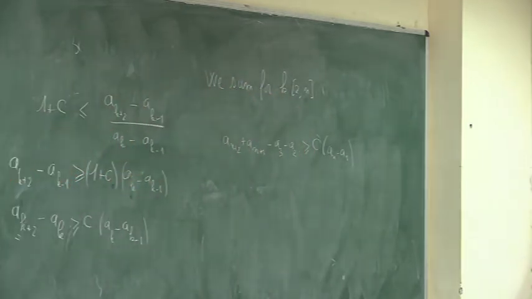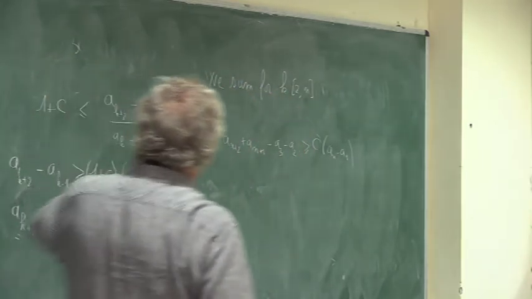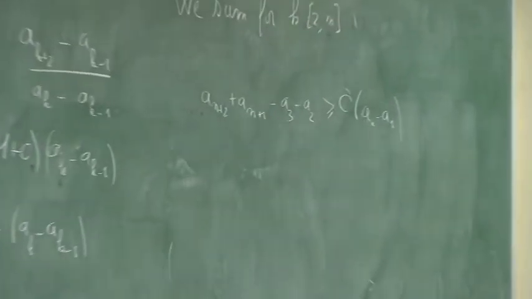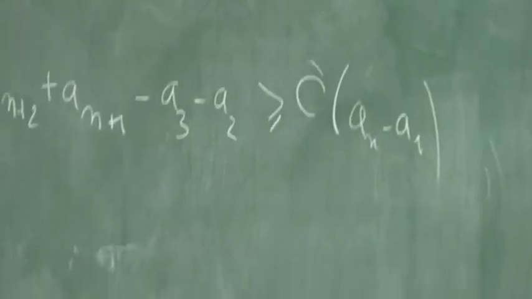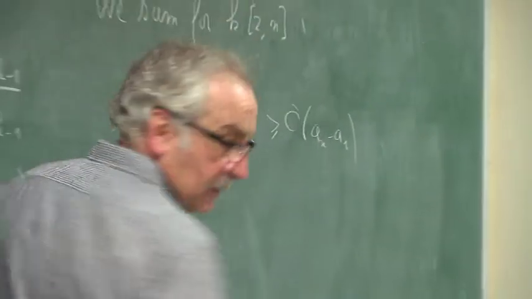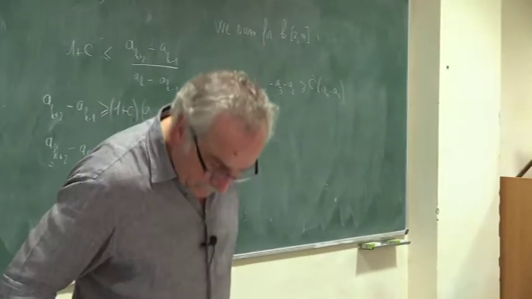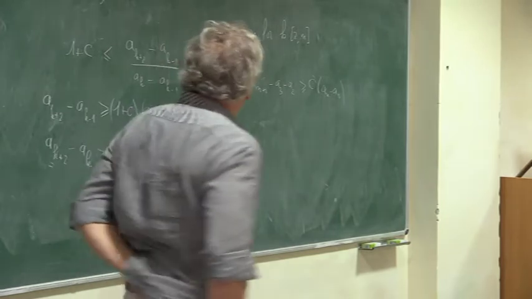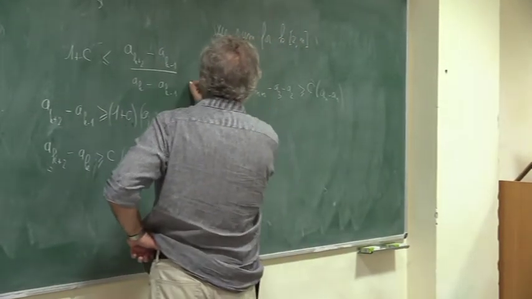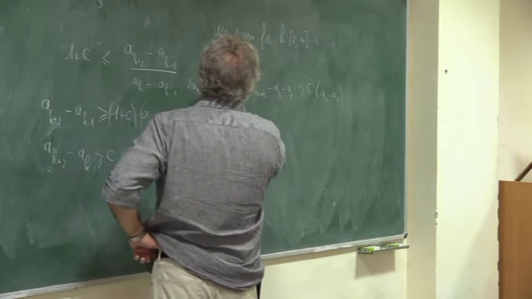So these are measures of balls. So it's non-decreasing. Wait a minute. Yes, it's correct. So this is less than that, so I can put 2A_{n+2}.